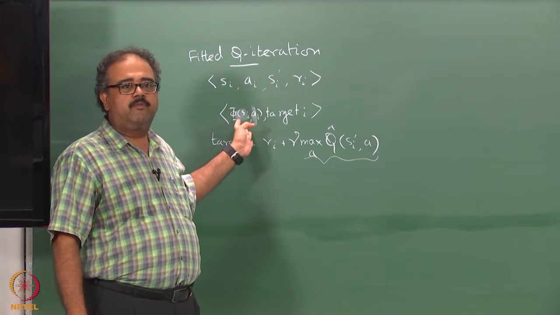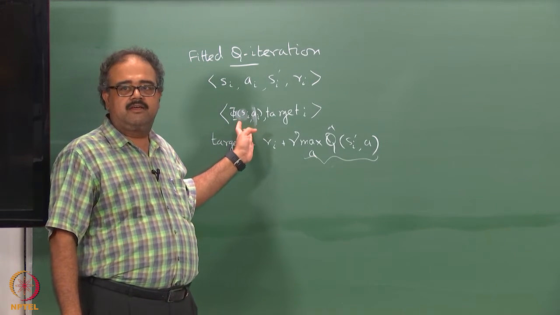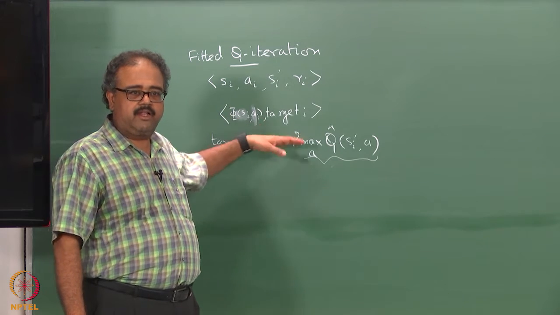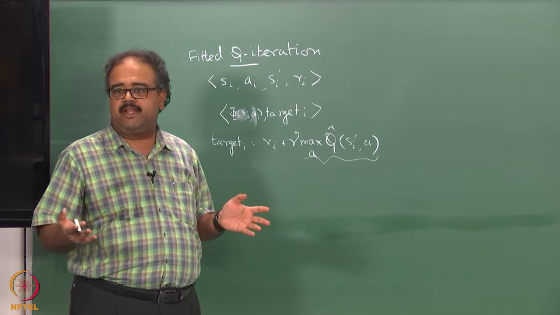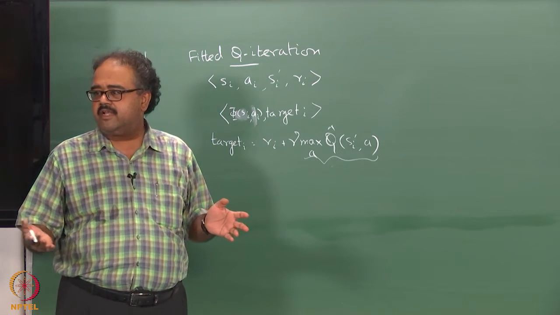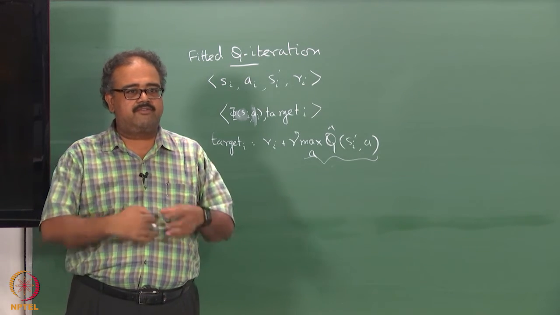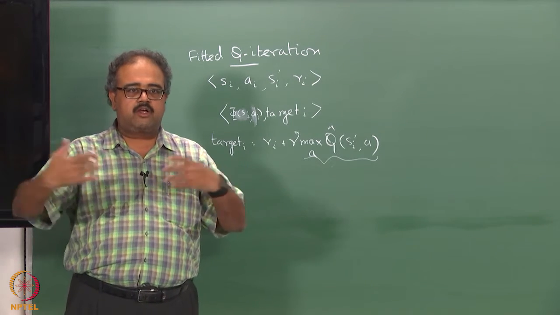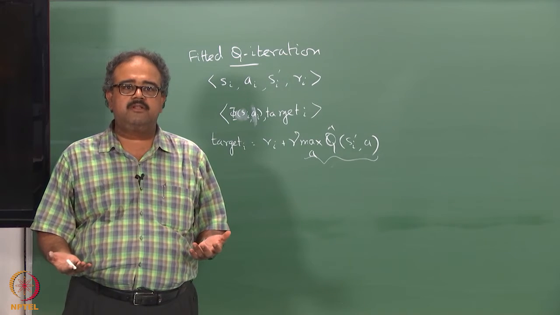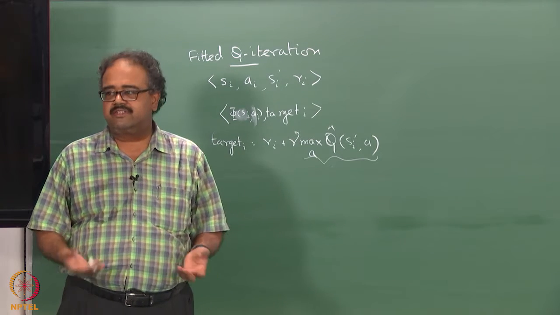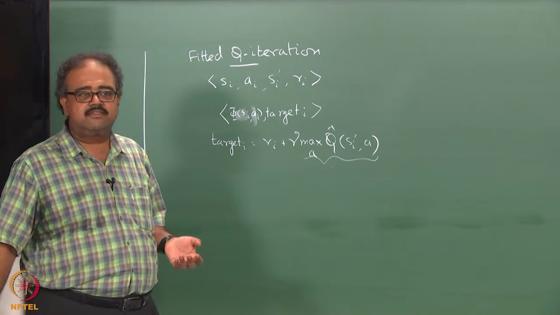So, what do I mean modulo my phi? When I look at the phi of S comma A, I should have sampled enough of those representations. I need not necessarily sample every state action pair, but I should have sampled enough, so that across the phis I have sampled all possible state action combinations I will see. Some amount, so that the generalization is useful.